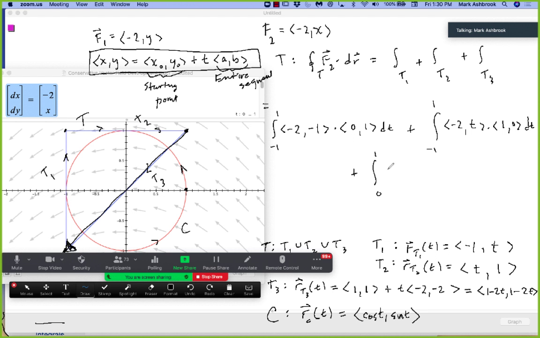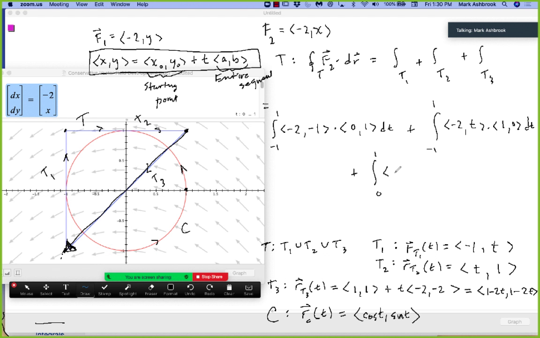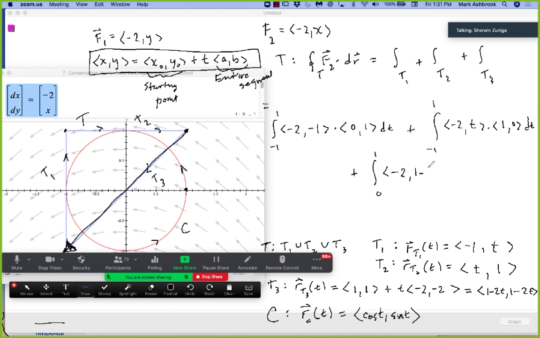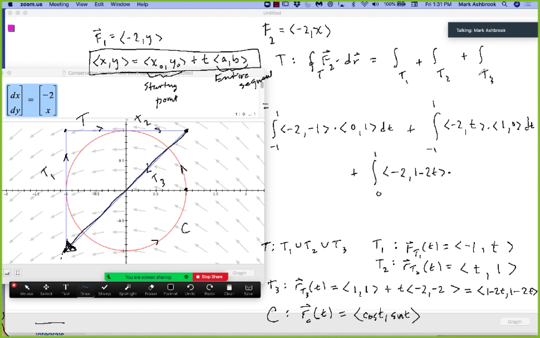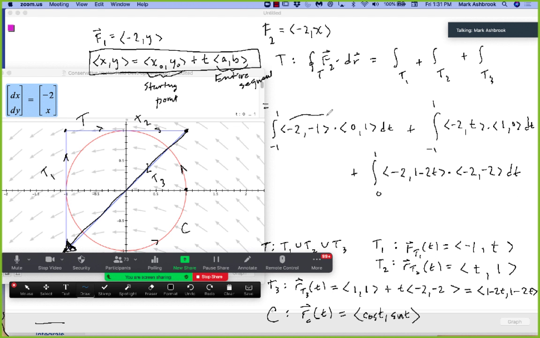And then T3 goes from 0 to 1, negative 2, x, which is 1 minus 2t. This one actually turns out to be the exact same T3 integral as the other because our x and y are the same. So dr, again, is negative 2 dt. Again, I'm going to do the dot product. This dot product is negative 1.